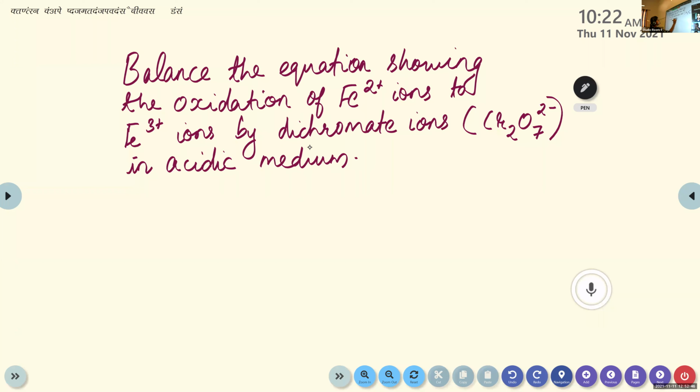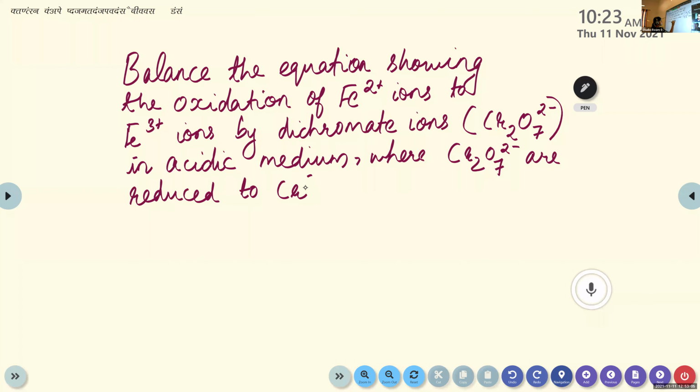Okay, then you can continue where Cr2O7 2 minus is reduced to Cr3 plus ions.